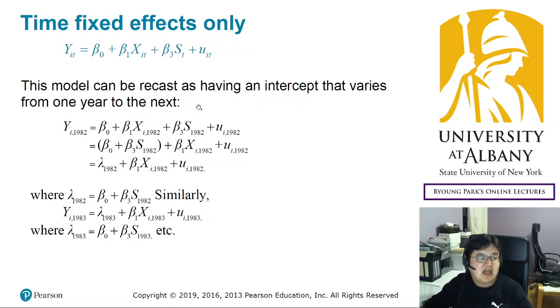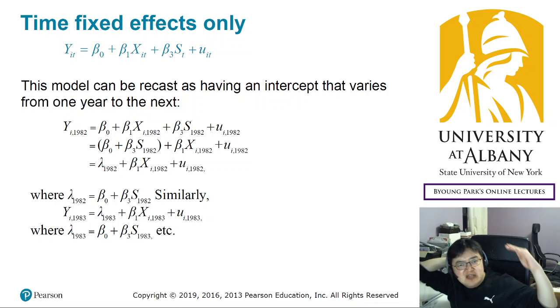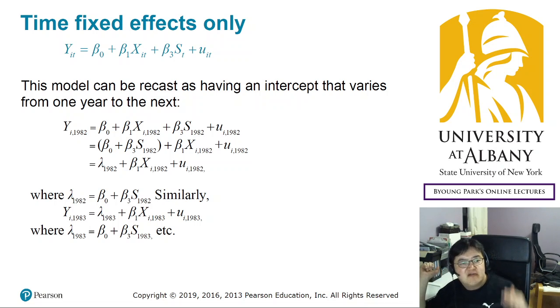However, the state fixed effects could be understood as different intercepts across different states. But now, exactly the same. The role of state is replaced by the time. So now the intercepts are different from year to year.